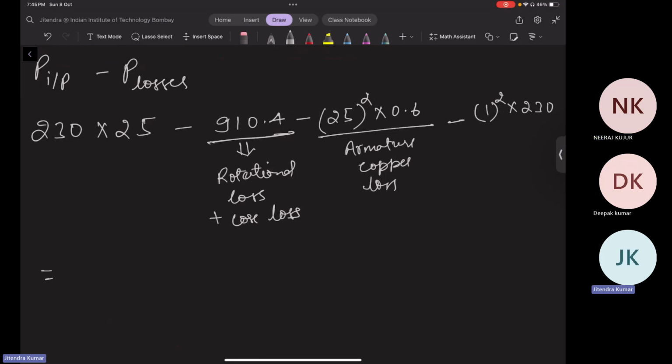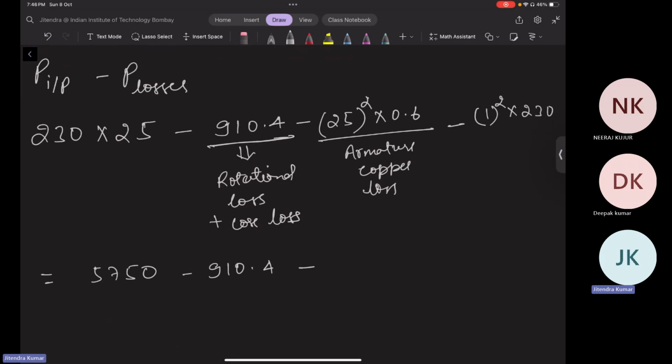Let me calculate it. 230 into 25, it will be 5750, minus 910.4, minus 25 square into 0.6, which is 375, minus 230.